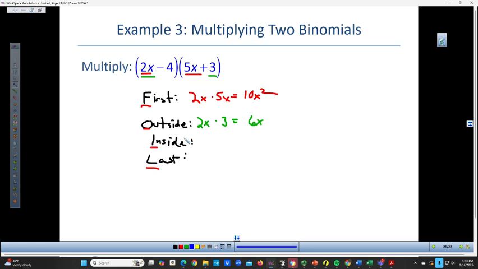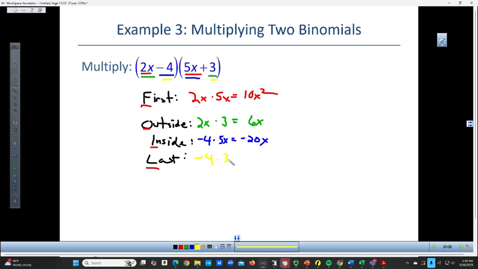Then you look at your inside terms, which is negative 4 and 5x. So negative 4 times 5x will give us negative 20x. And then finally, you get your last terms, which is negative 4 and positive 3. So negative 4 times positive 3 is going to give us negative 12.